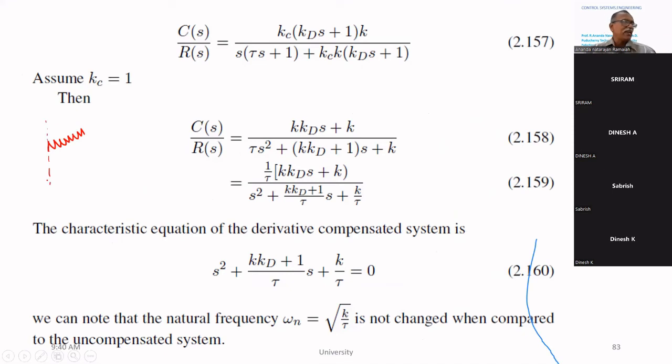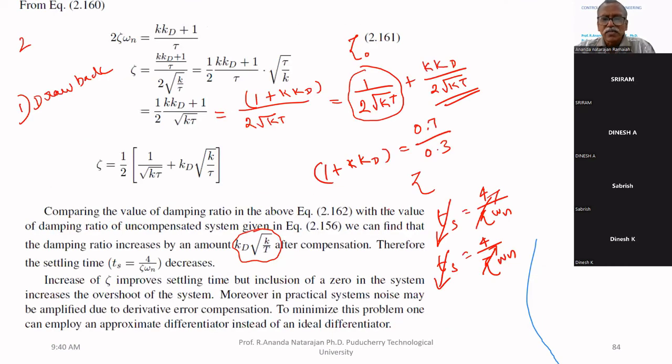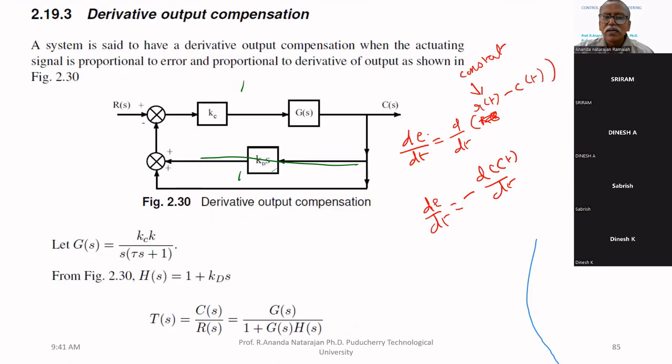So noise is heavily amplified in the derivative compensator. Instead of amplifying error, we can amplify C, because most of the time r(t) is constant. If we differentiate it, it becomes 0. Therefore, d by dt equals minus dc by dt.